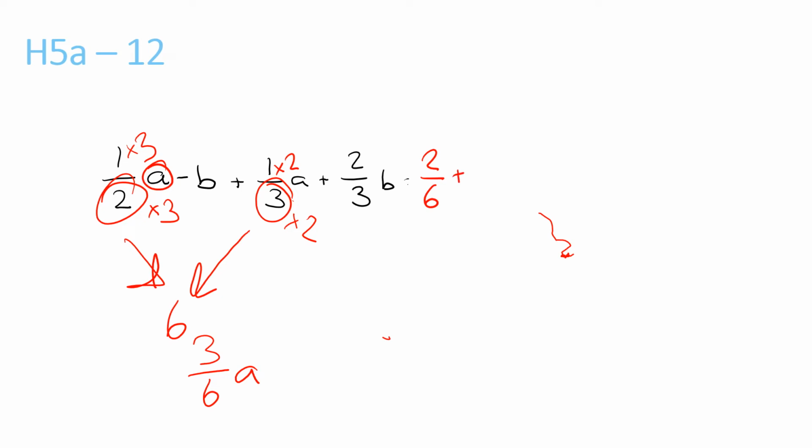Plus, you would have 3 over 6a from before plus 2 over 6a, and then you keep that there for now.